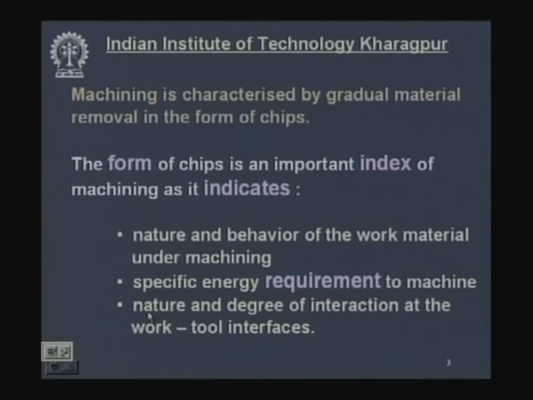It also indicates the nature and degree of interaction at the work-tool interface. If at the interface the temperature is very high or friction is very high, the chip color and configuration will change. So these things will be indicated by the chips.